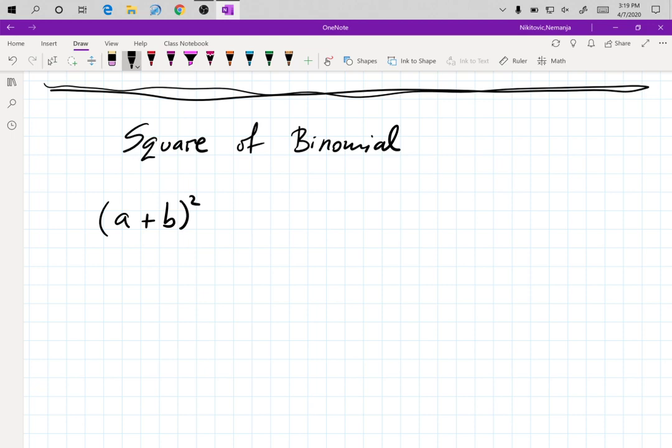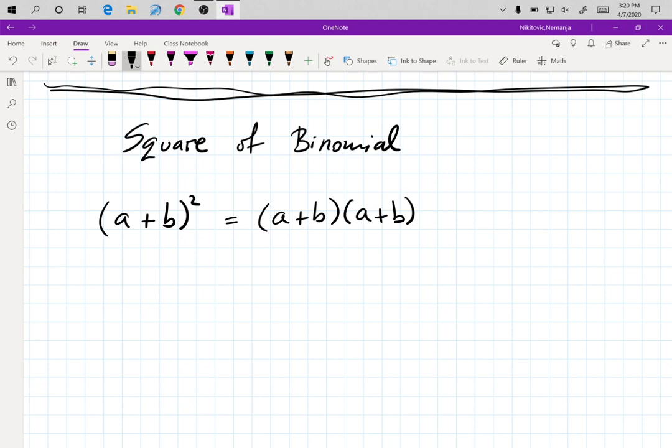Okay, we know what to do, right? We write the same parenthesis twice because it's squared. 3 squared is 3 times 3. 10 squared is 10 times 10. So the square makes you multiply the same value by itself.